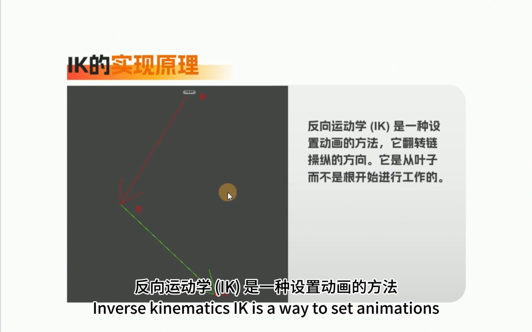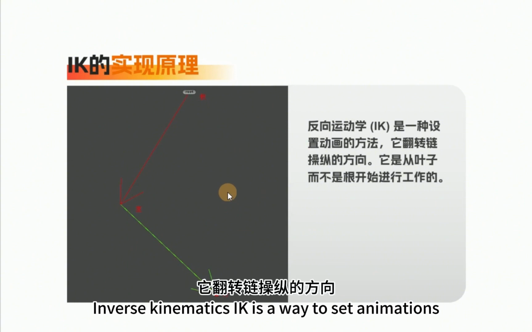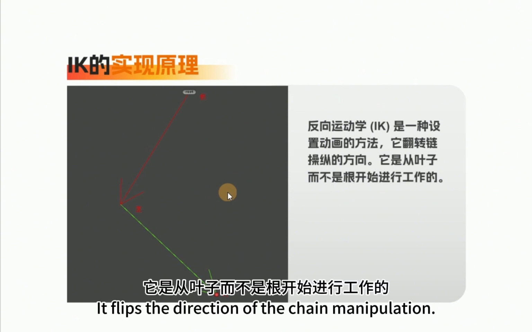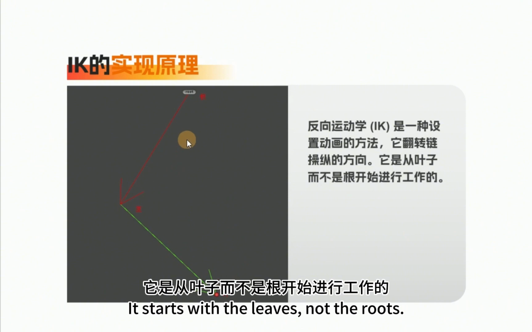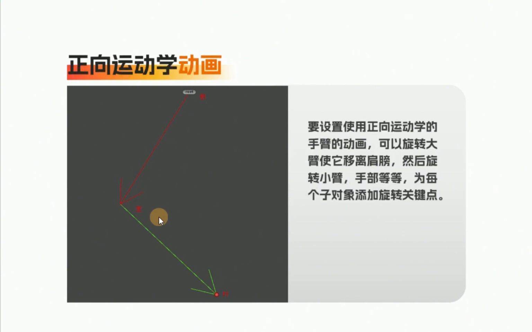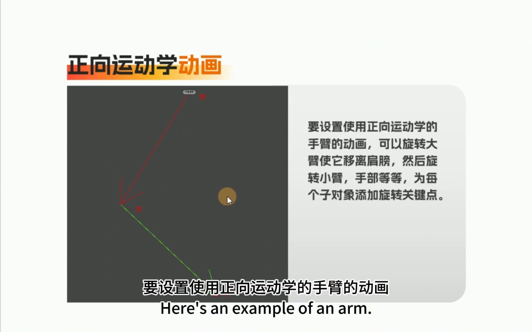Inverse kinematics, IK, is a way to set animations. It flips the direction of the chain manipulation. It starts with the leaves, not the roots. Here's an example of an arm.